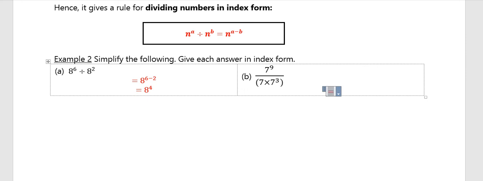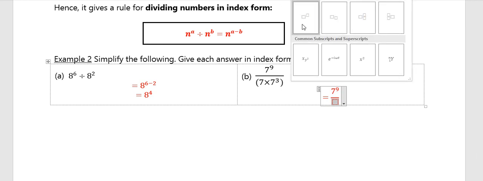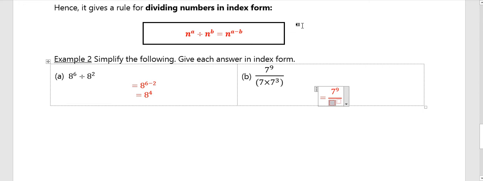Okay, now all you have to do is make the fraction back. And then this 7 power 9 is not yet disturbed, but the 7 at the denominator is 7 power 1 plus 3, because they have the same base and there is multiplication in between.